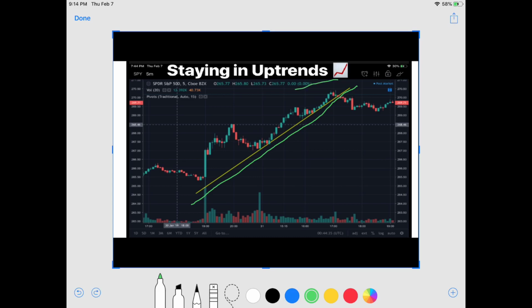So you literally gain all of that, right? And you're still using breaks of resistance as you go. And it couldn't break resistance right there, so you got out right here. Pretty simple.